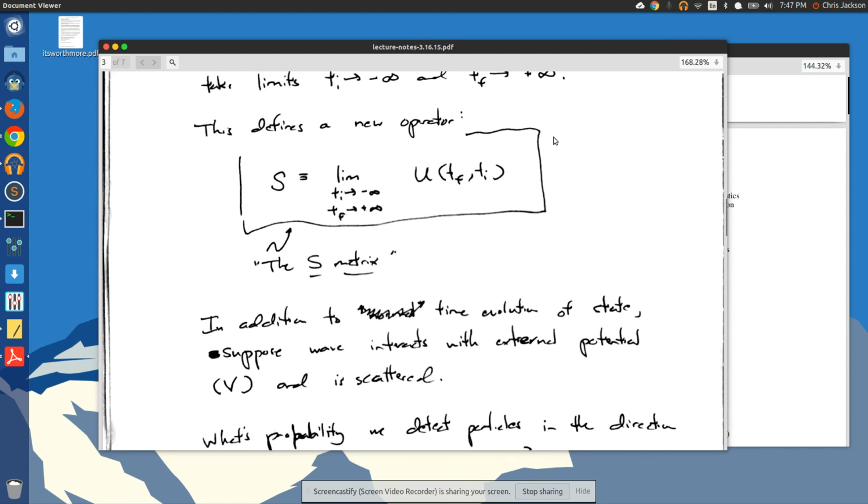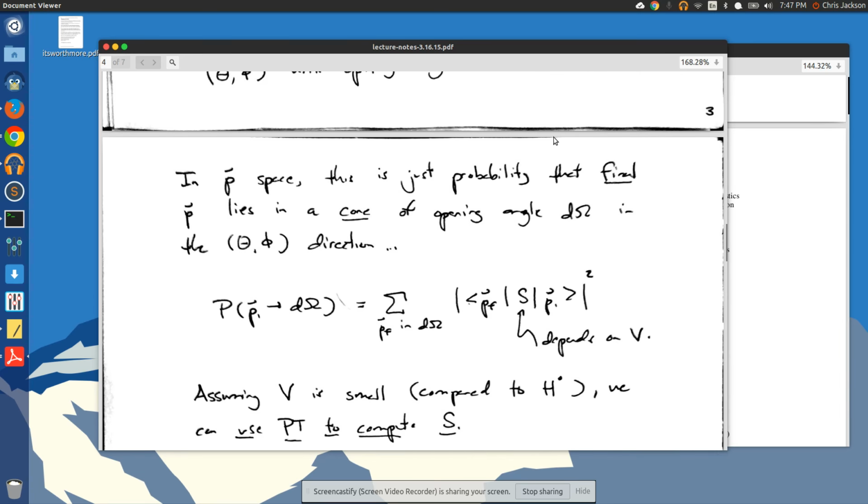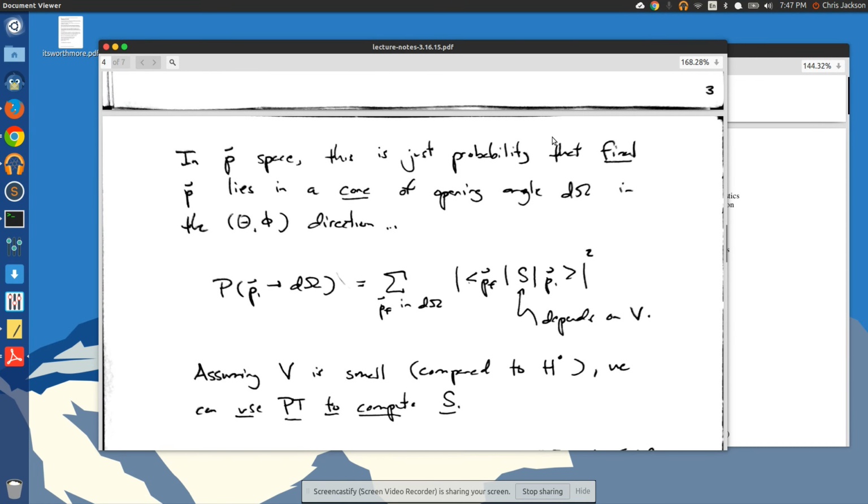Okay, and we can compute that in terms of our S matrix using this formula. So this is the probability that we have a particle with momentum P1 going into our detector, right? And so again, this is our matrix element, our S matrix, I guess we would call it, and this thing is going to be modulus squared, right?